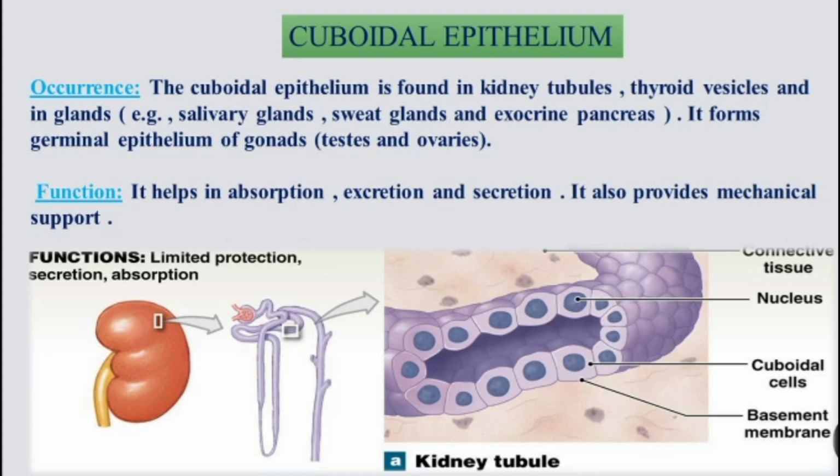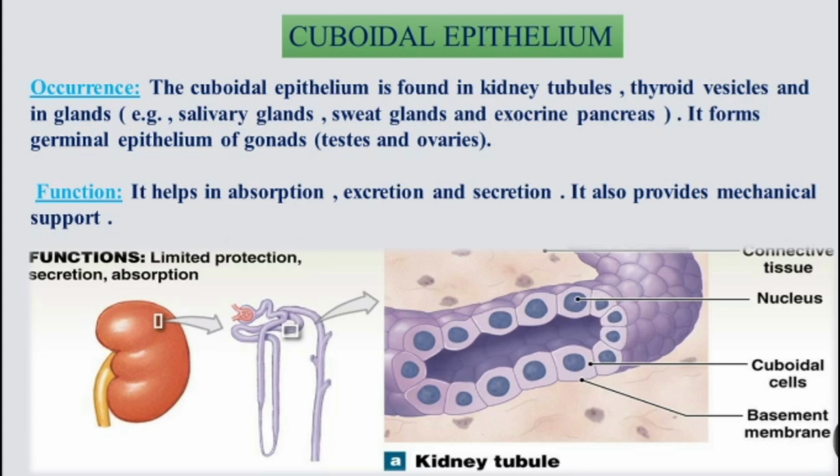Now its function. It helps in absorption, excretion, and secretion. The main function is absorption, for example in kidney tubules, where the filtrate of waste material is processed. So it is absorption, excretion, and also secretion.